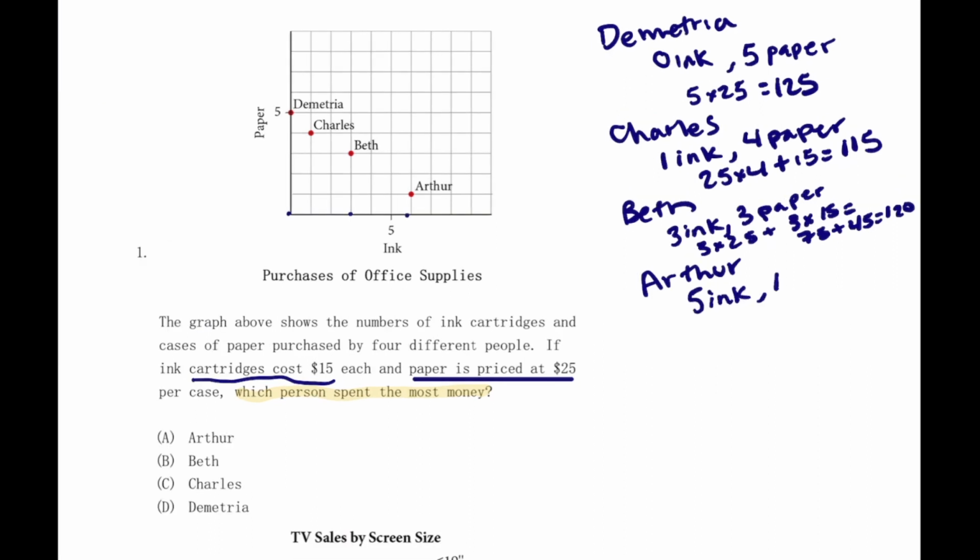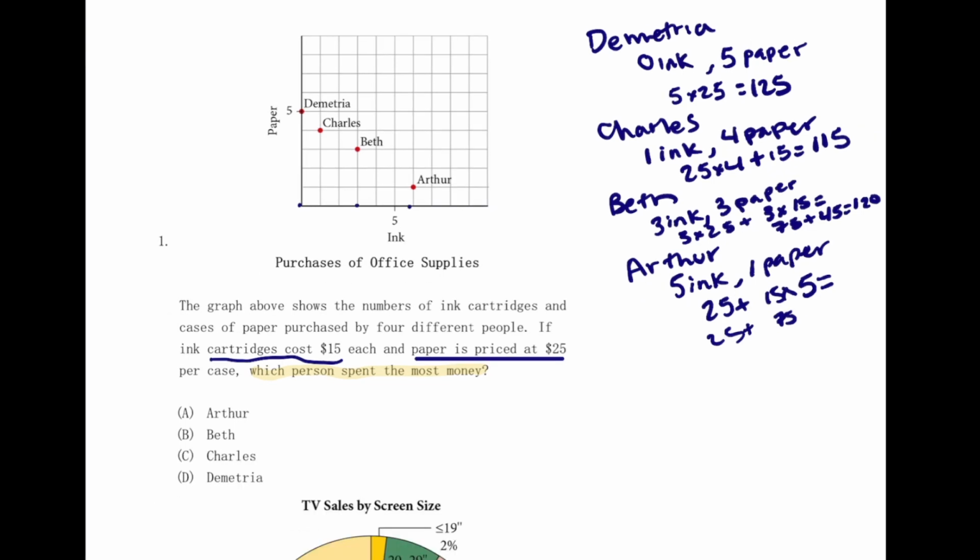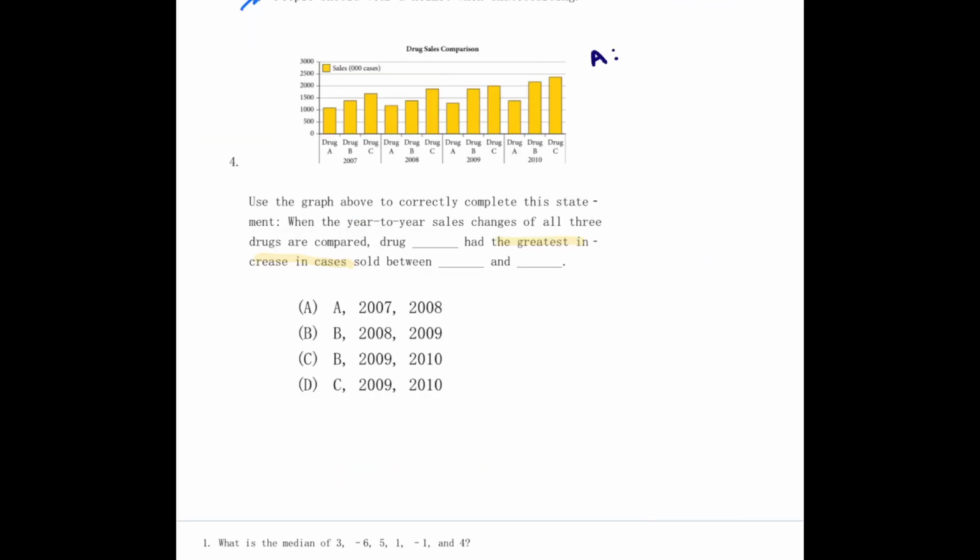Moving on to Arthur. Arthur has 6 inks and 1 paper, so we're going to have 6 times 15 plus 25. So that is going to give us 100. So we can see who spent the most was Demetria. So the answer is D.